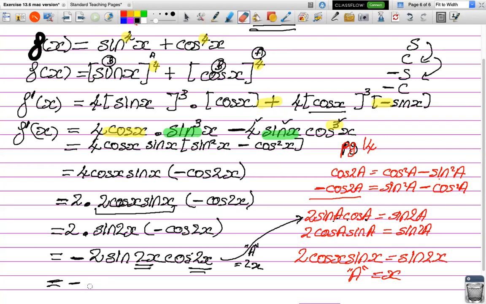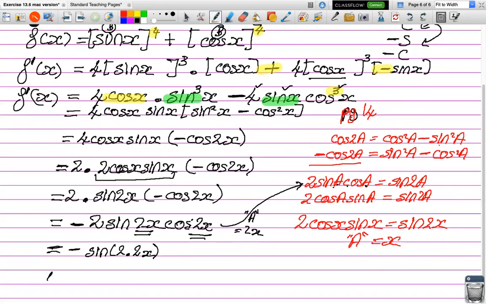So since A is equal to 2x, it's going to be sine on 2 on A, and since A is equal to 2x, it's on 2x, and then we can finish it off. Therefore, the answer is minus 1 on sine of 4x.